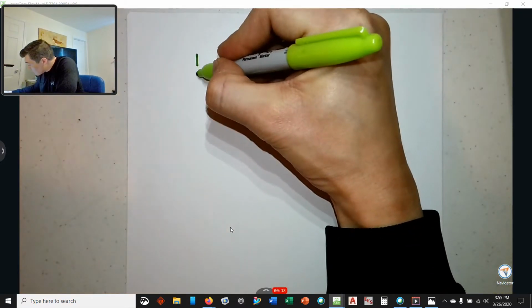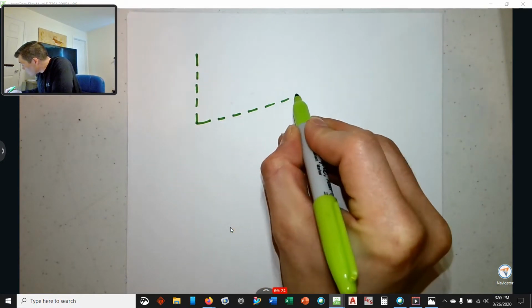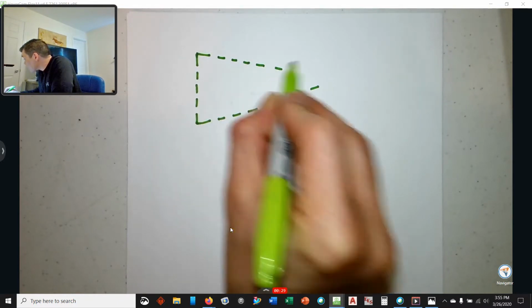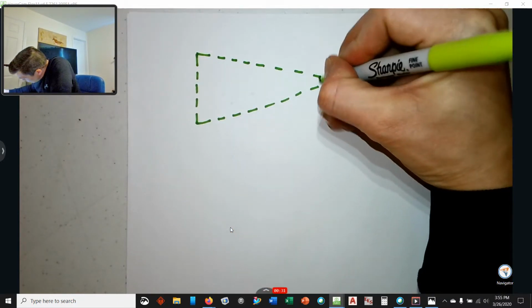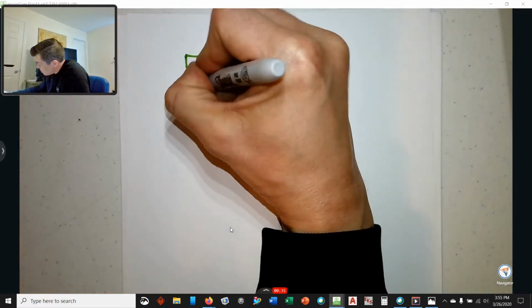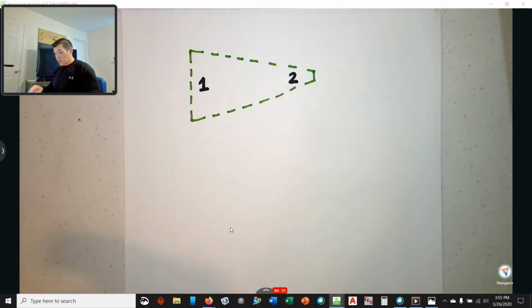All right, so let's redraw this control volume a little bit bigger. So we'll have state 1 and state 2 at each end.